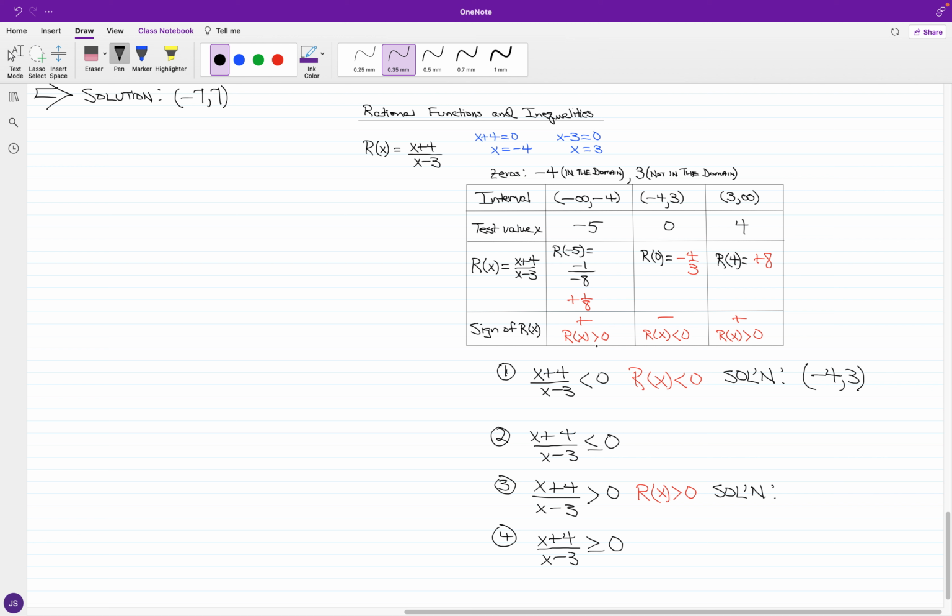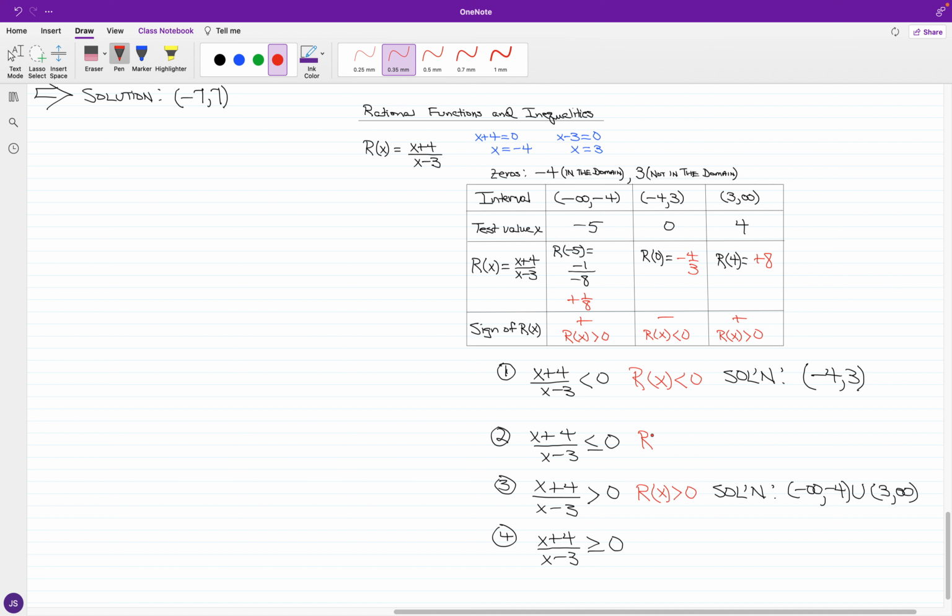So you have values of x less than negative 4, and also values of x greater than 3.